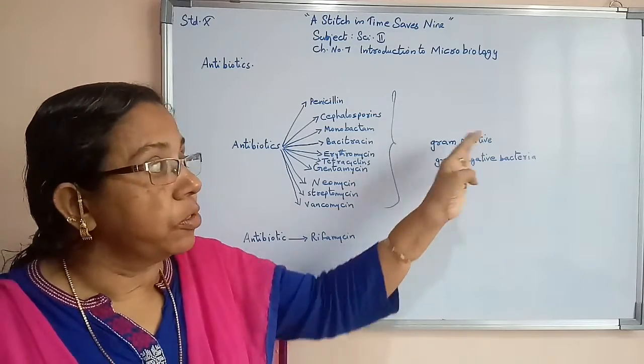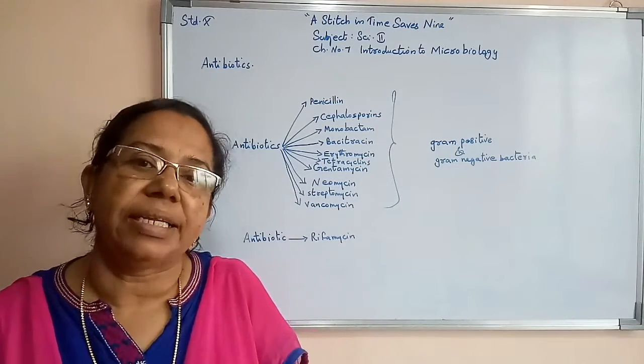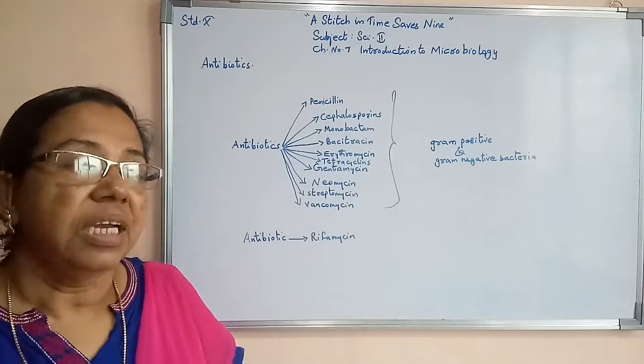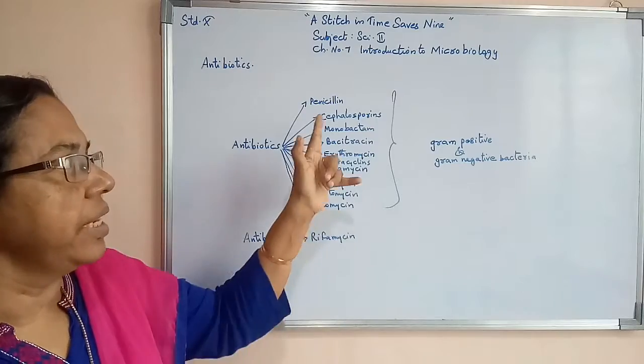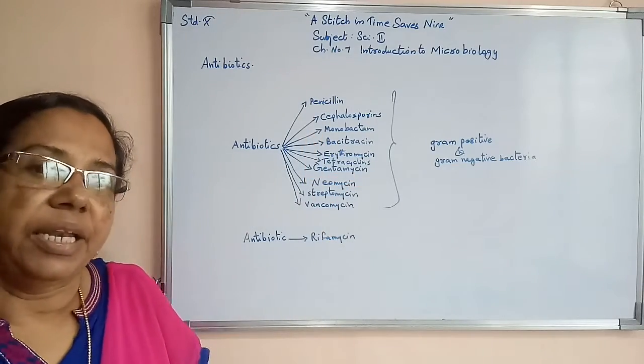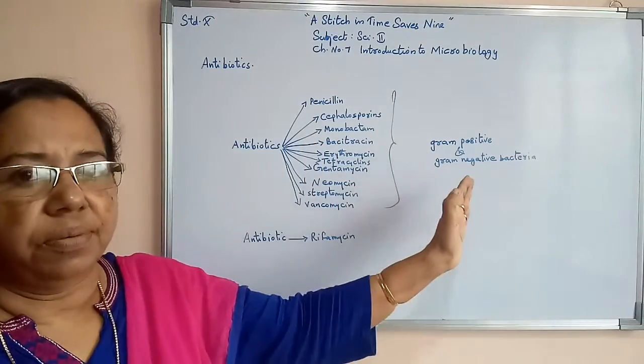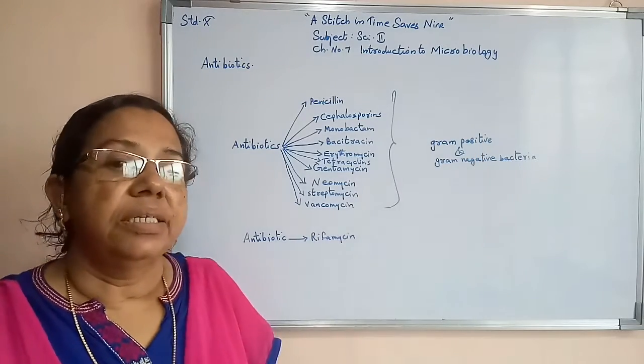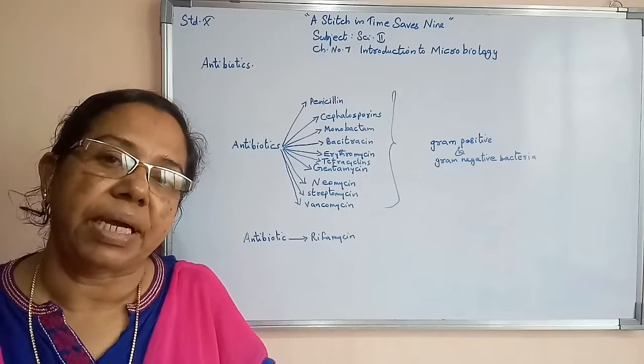These gram positive as well as gram negative bacteria can be cured with the help of these antibiotics. Once again we will study the names of antibiotics which can cure, control, or destroy these gram positive as well as gram negative bacteria.